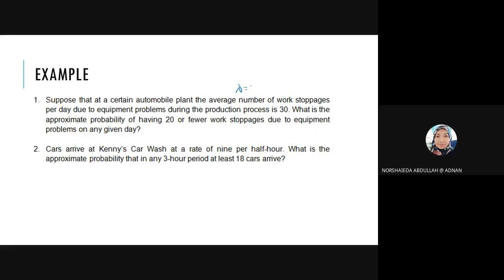Lambda equal to 30. So the original distribution is Poisson, lambda equal to 30. So lambda greater than 20 means we can use the normal approximation. What is the probability of having 20 or fewer work stoppages? 20 or fewer. So we want to calculate probability x less than or equal to 20.